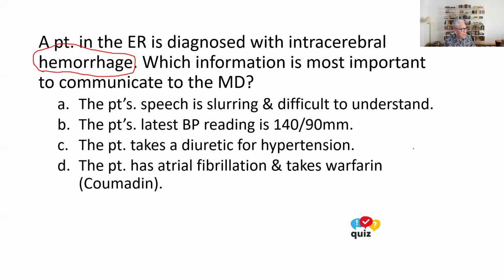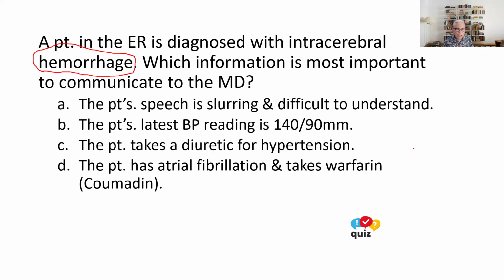And then the patient's latest BP reading is 140/90. Well, that might be something significant. The patient takes a diuretic for hypertension. It's not very important. But look at this. The patient has atrial fibrillation and takes warfarin or Coumadin.